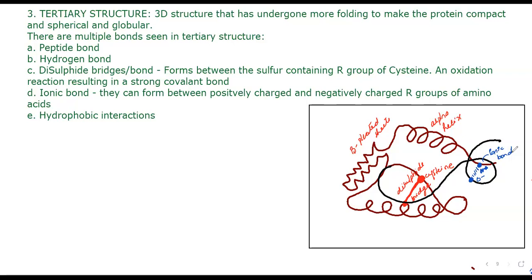For disulfide bridges, generally we need to use some kind of chemicals. This is why enzymes get denatured when we change the temperature and pH, because enzymes are made up of proteins. By changing the pH and temperature, I will break the peptide bond and the ionic bond, and as a result the structure of the enzyme changes, so it is not able to function anymore.